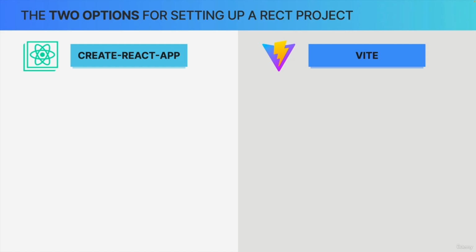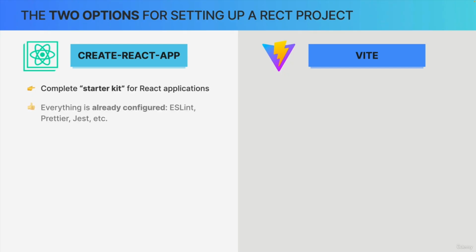So first, Create React App is basically a complete starter kit for React applications that was developed many years ago in order to make it really easy for developers to scaffold new React apps. And what's really nice about this is that all the common development tools are already pre-configured out of the box specifically for React.